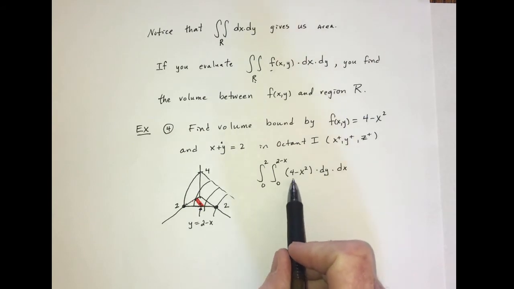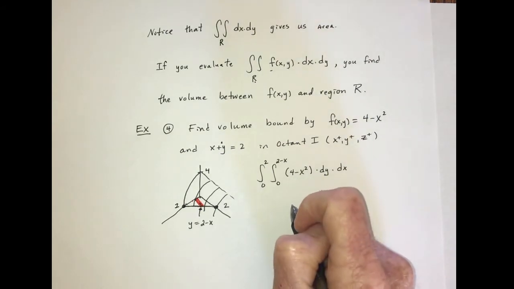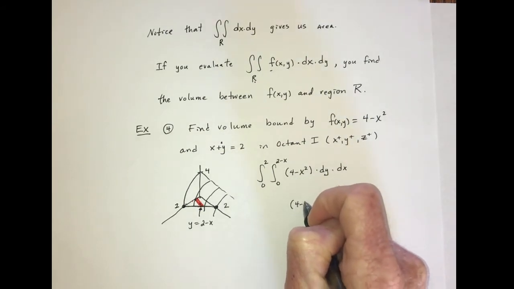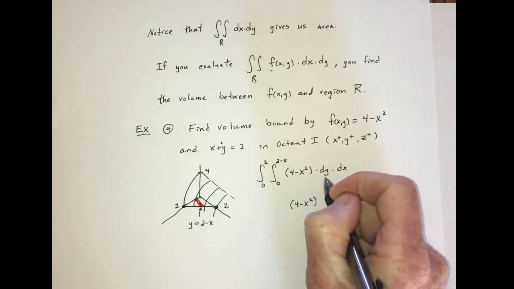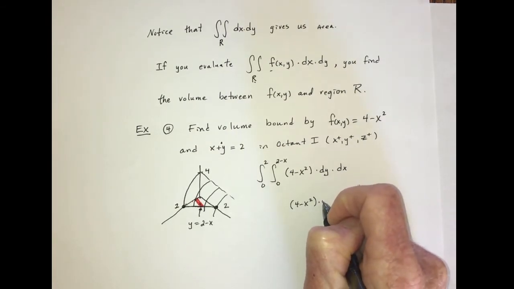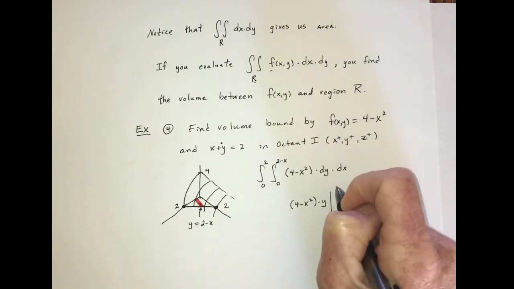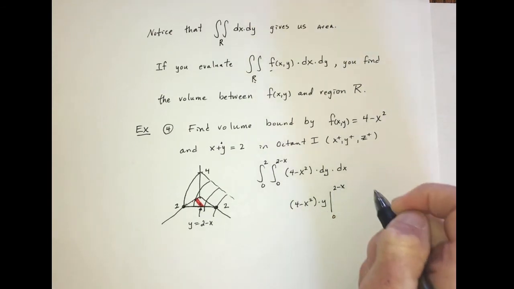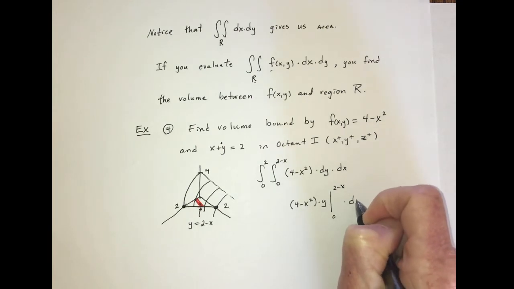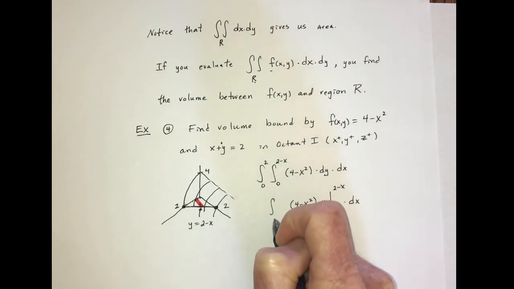Integrating with respect to y means you treat this as a constant. It will just stay there. And then the antiderivative of dy is y. And that gets evaluated from 0 to 2 minus x. And then later we'll need to integrate with respect to x.